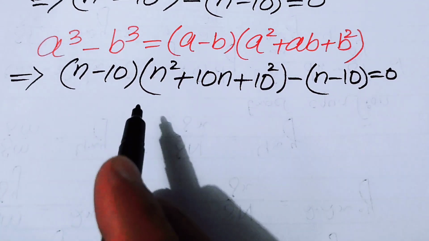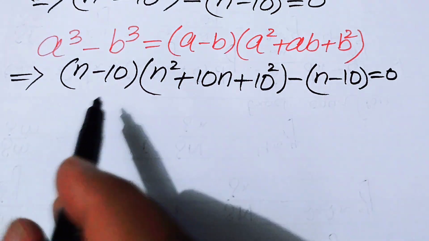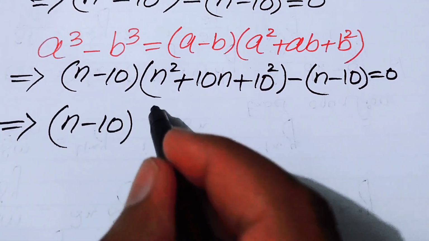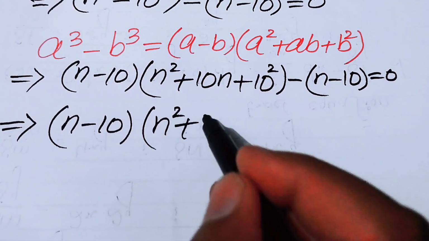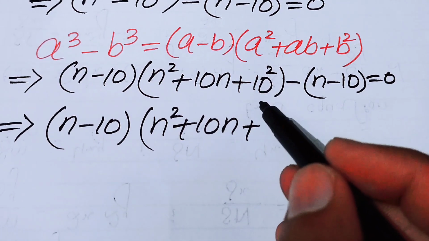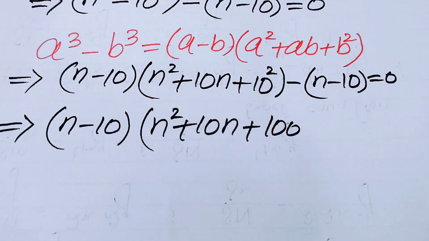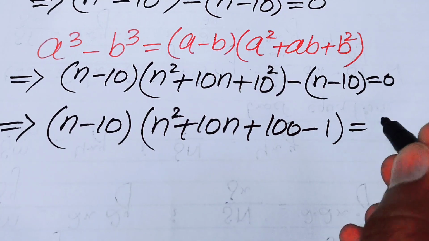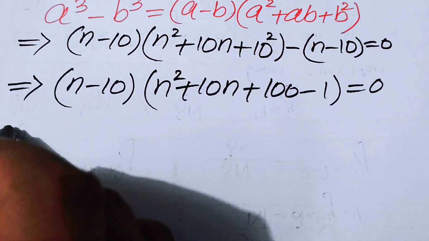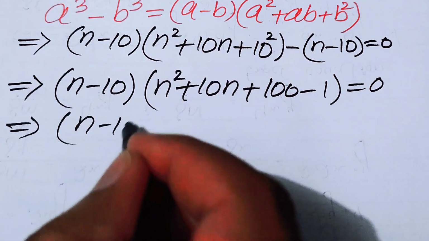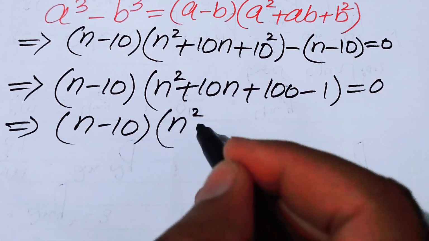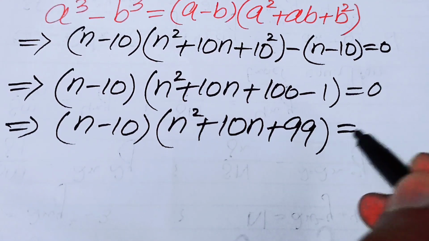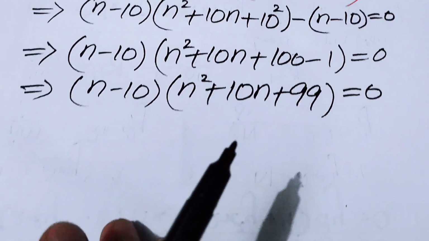So here you focus on both of the terms and you see that n minus 10 is the common term, so we take n minus 10 common and we get n squared plus 10n plus 10 squared, and 10 squared is equal to 100, minus 1 is equal to 0. Now we simplify the terms and we write n minus 10 times n squared plus 10n plus 99 is equal to 0. So here we have two cases.